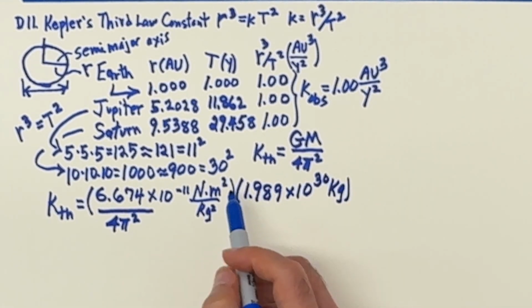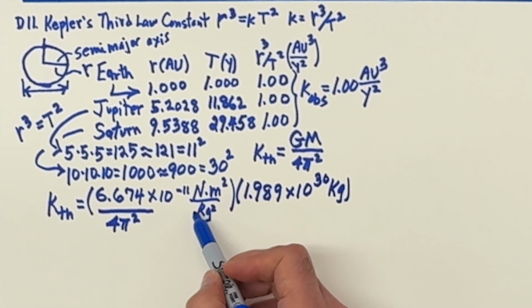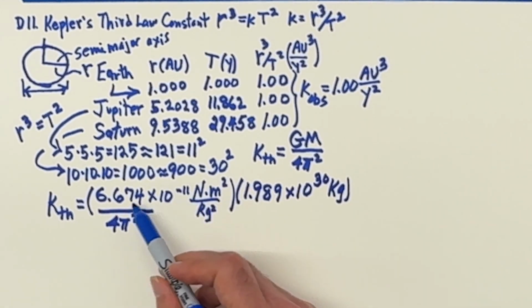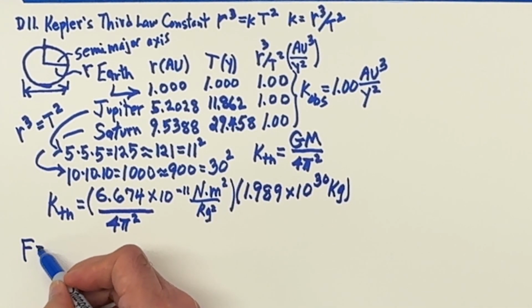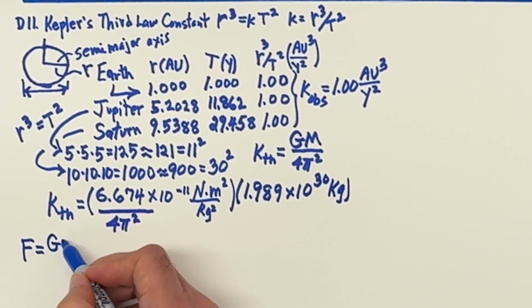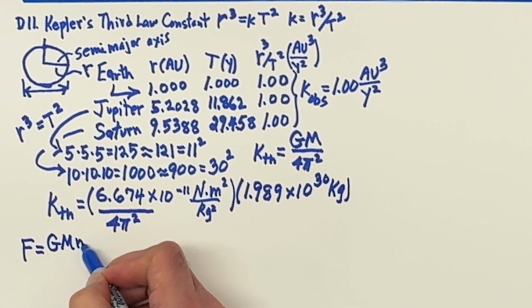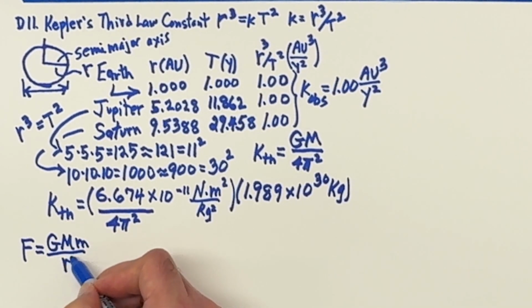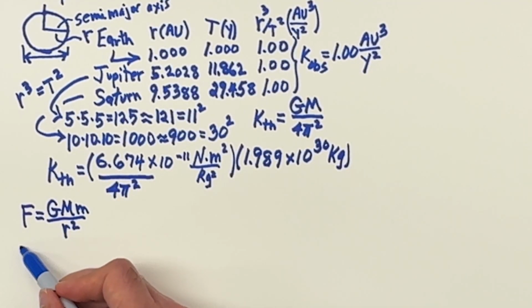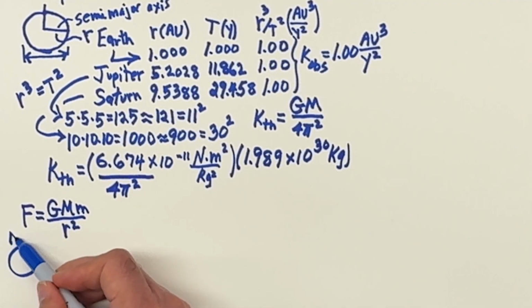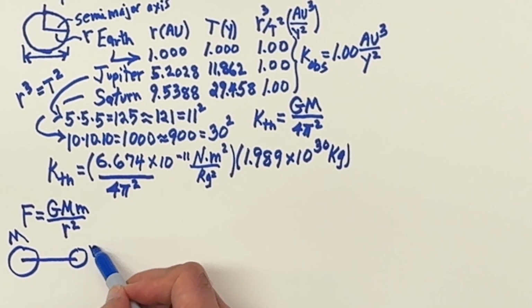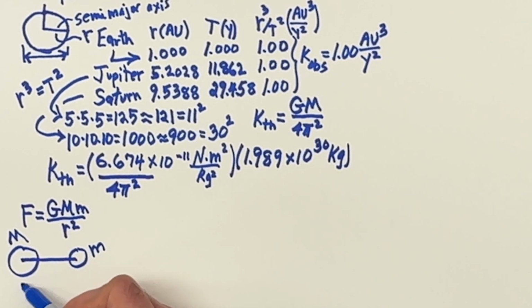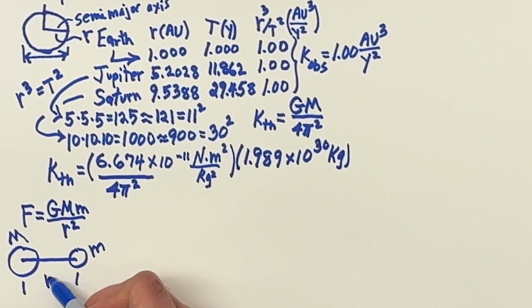Now, before I go on, let me show you why G has those units. From the force of gravitation, universal gravitation, we looked at this formula in an earlier section. We had the mass of the sun, and the mass of a planet, and the distance between the centers is r.